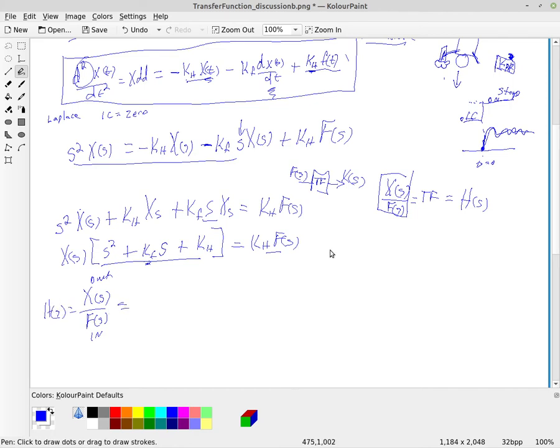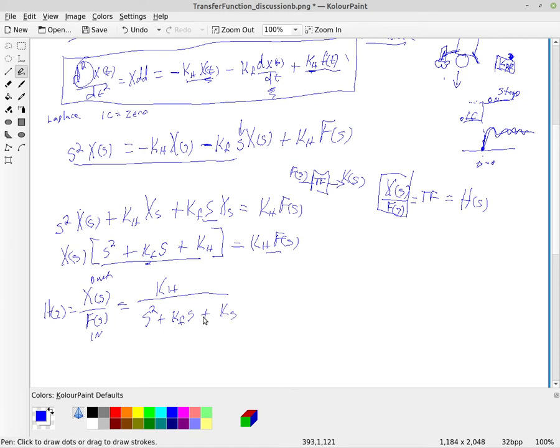The transfer function is transferring any input into whatever output response that system produces. And so that gives me k_H divided by s squared plus my friction piece times the first derivative plus k_H.